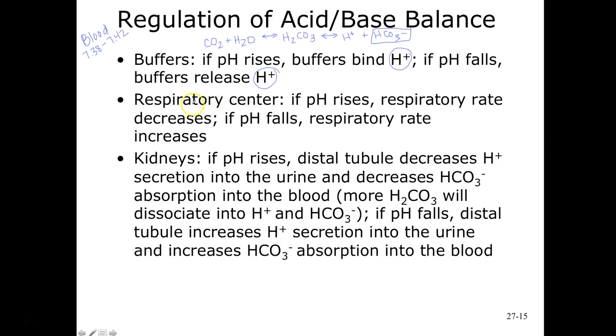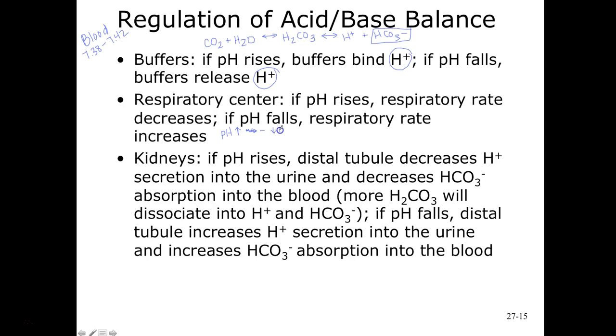So next let's discuss the respiratory center. With our respiratory center, I know I have this text here and that is correct, but let's talk about what happens if pH rises or falls. If pH is going to increase, what our body wants to do next is hypoventilate.